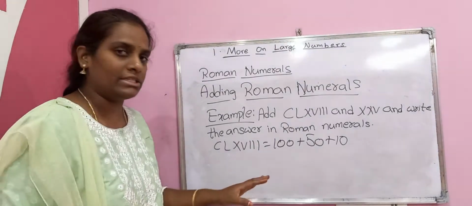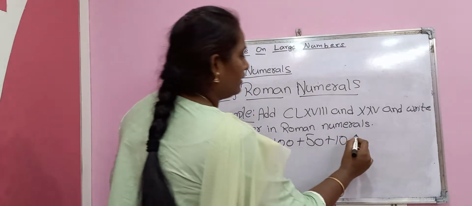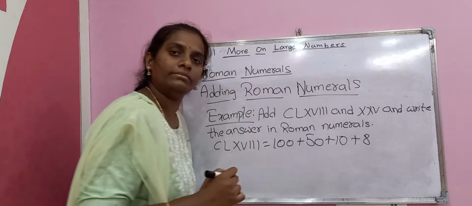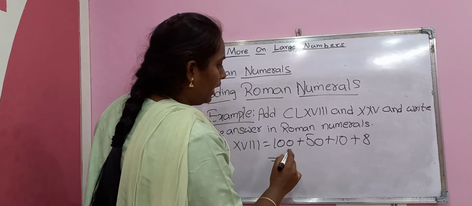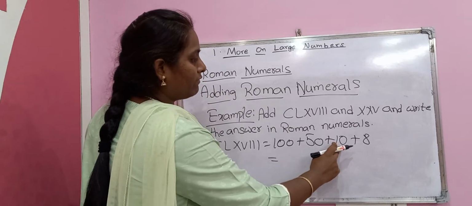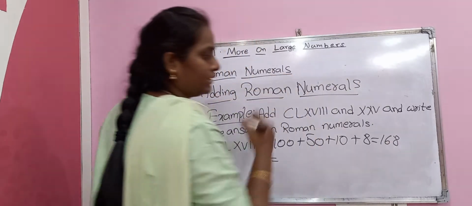So it means addition. Next, VIII means 8. Okay. Now do the addition. 100 plus 50, 150 plus 10, 160 plus 8 is equal to 168.